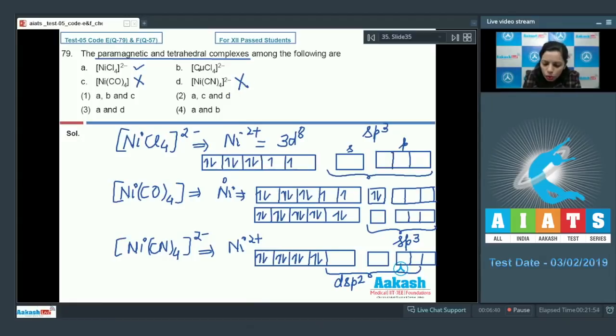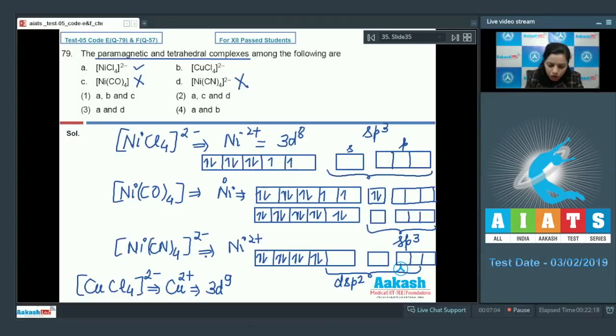Further, if I talk about the next compound, this is of copper, [CuCl4]2-. In this compound the oxidation state of the copper is 2+. And what's the configuration in this case? Its configuration would be 3d9.